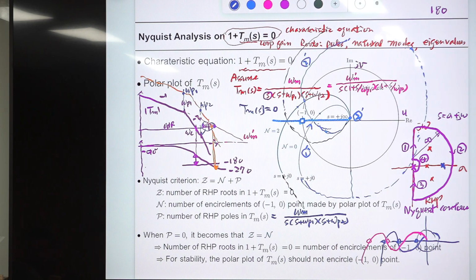Another situation. Suppose you connected two systems, two converters, for example, and this is the output impedance of the upstream converter, GO upstream. This is the input impedance of GID downstream. Okay.